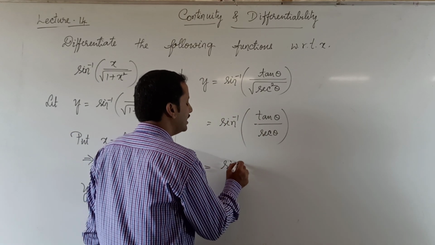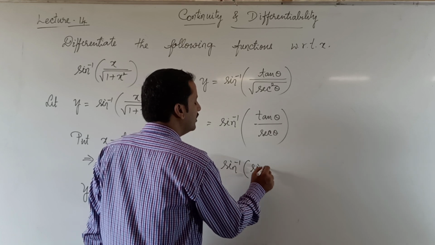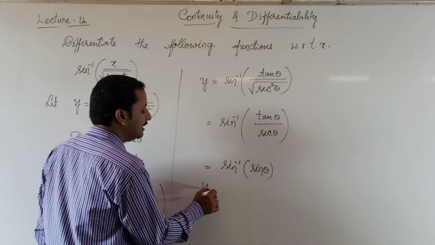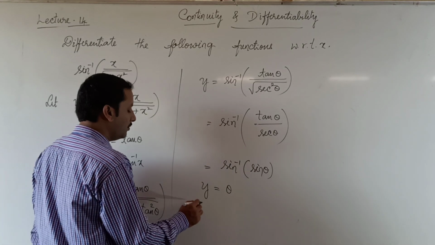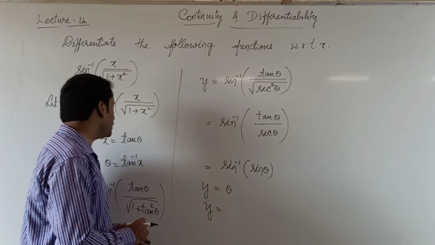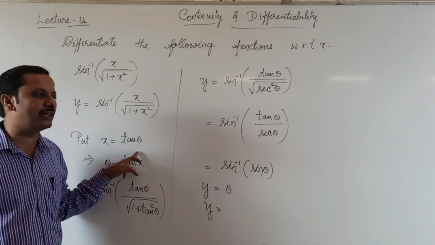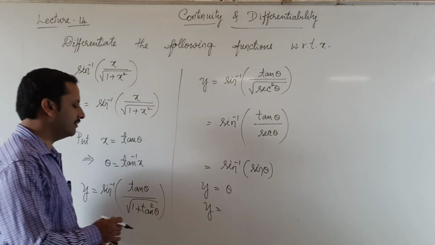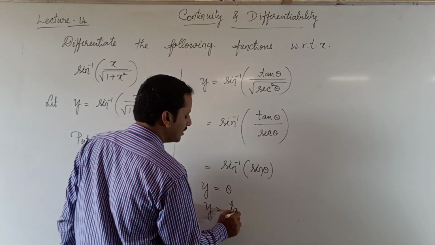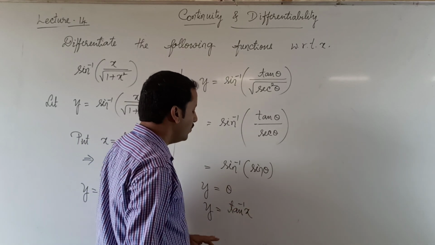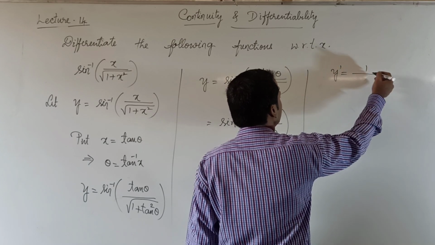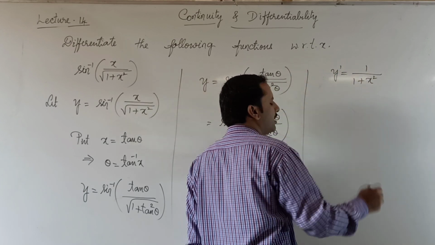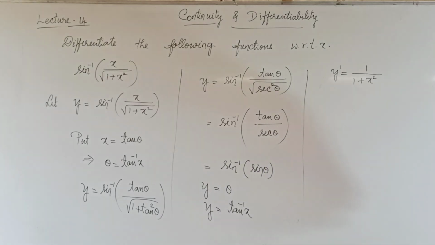So you have sine inverse of sin theta, which is nothing but theta. What is theta? We made the substitution x equal to tan theta, therefore theta is equal to tan inverse x. We have y is equal to tan inverse x. When we differentiate this, y dash is equal to the derivative of tan inverse x, which is 1 by 1 plus x square.